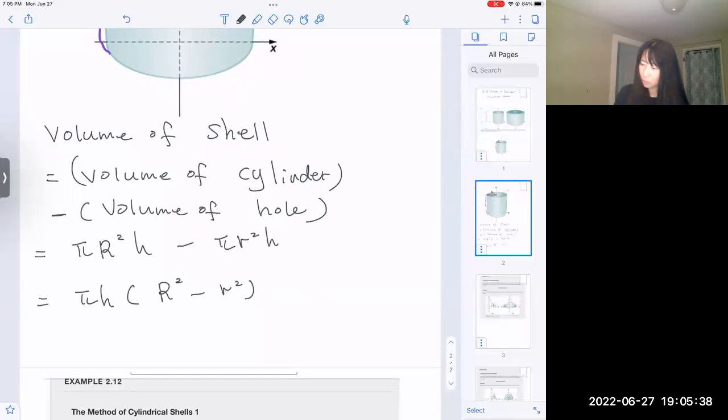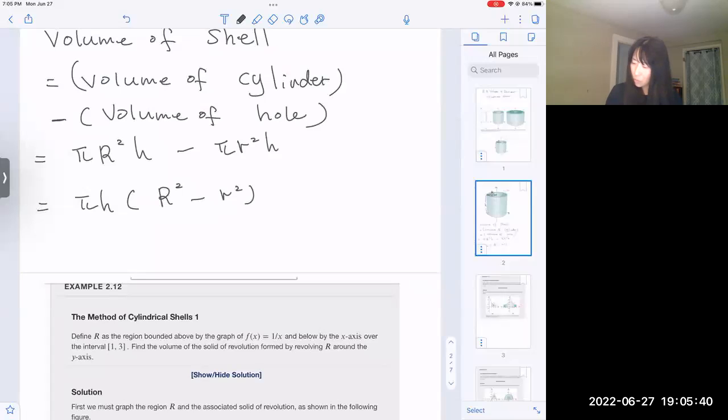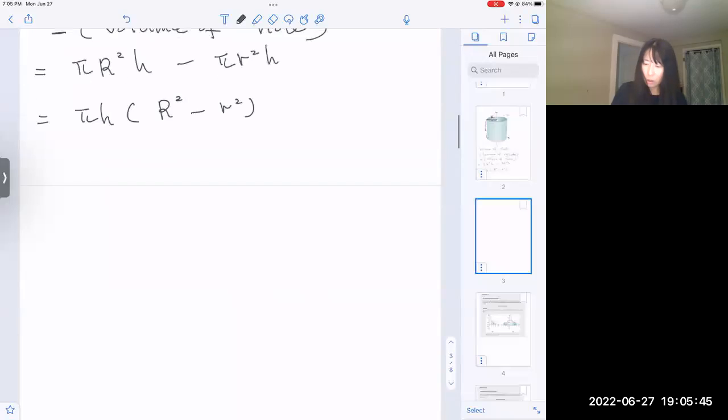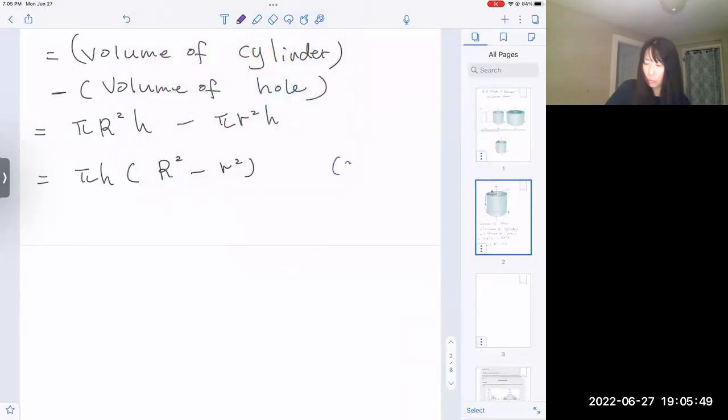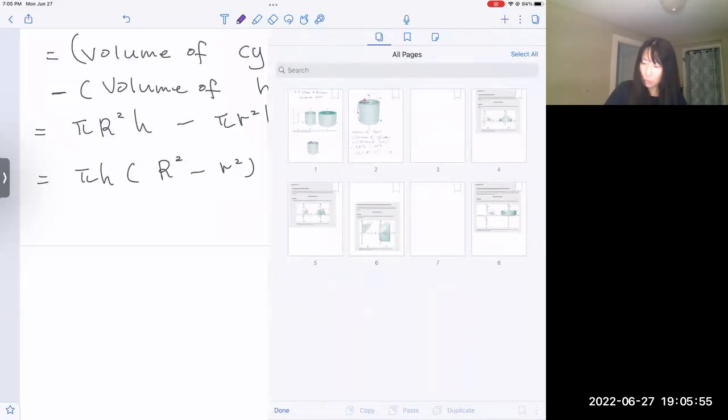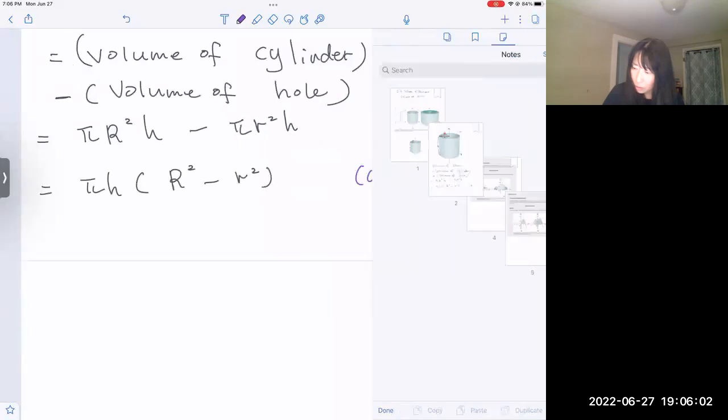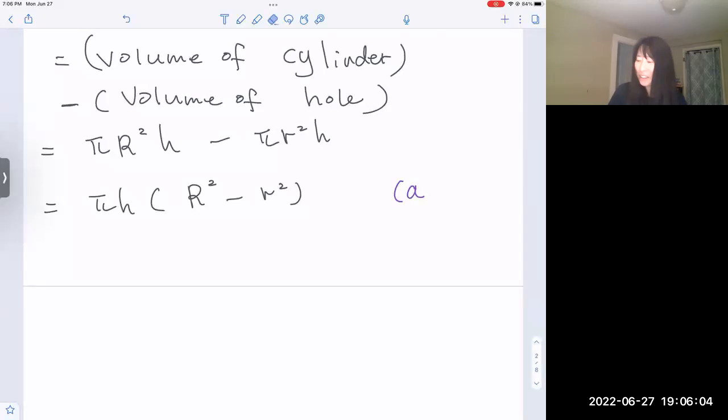Now, we have a difference of squares, right?